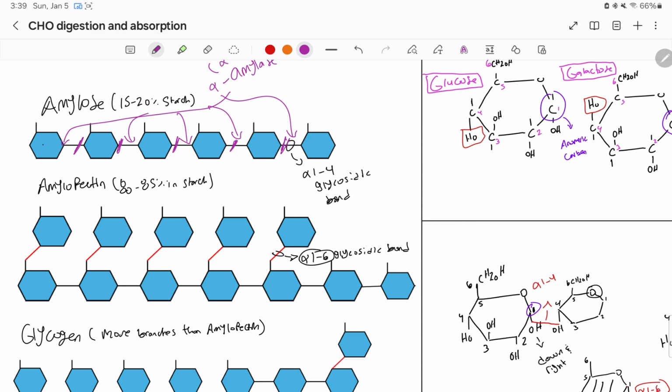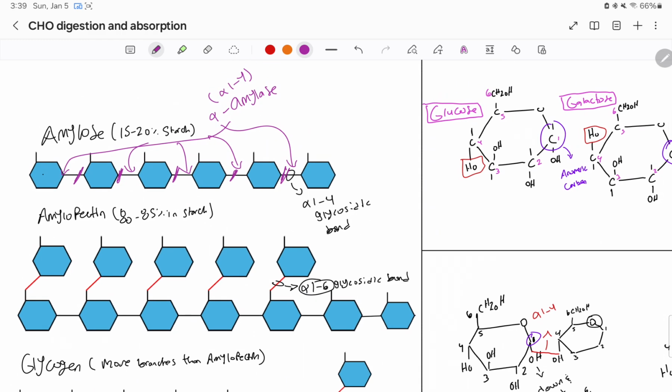But what about the alpha-1,6? Can it cleave the alpha-1,6? Well, the answer is no. Alpha amylase has no specificity for alpha-1,6 bonds. So it can come here and cleave this bond, but it can't cleave this red bond here or this one here.